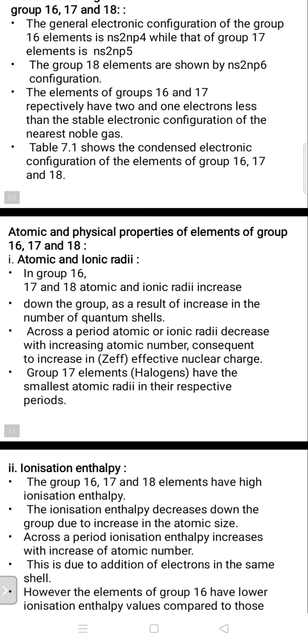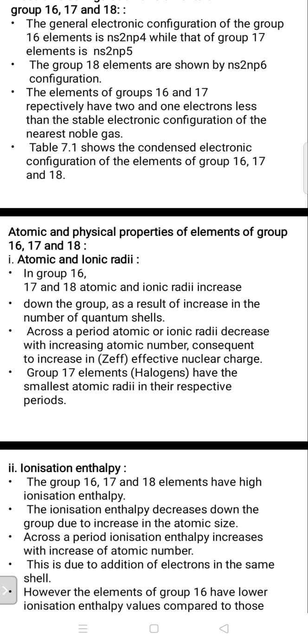Later on, we are going to discuss the atomic and physical properties of the elements of groups 16, 17, and 18. In that, the atomic and ionic radii. First of all, we'll see what we mean by atomic and ionic radii. Atomic radius is the distance from the center of the nucleus to the outermost shell of the atom.